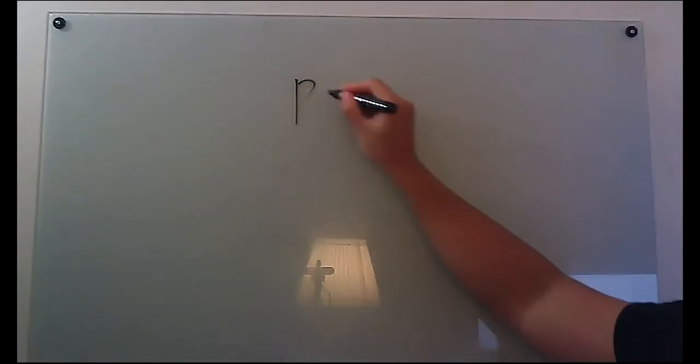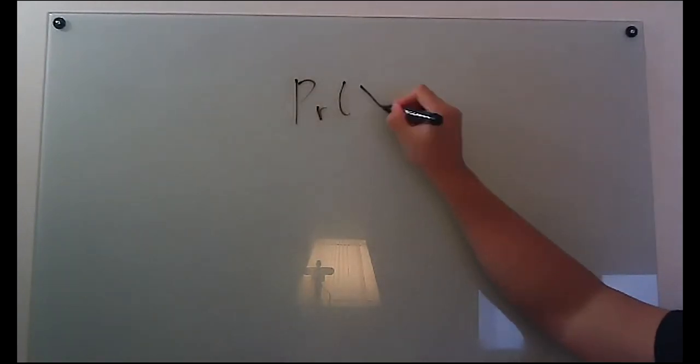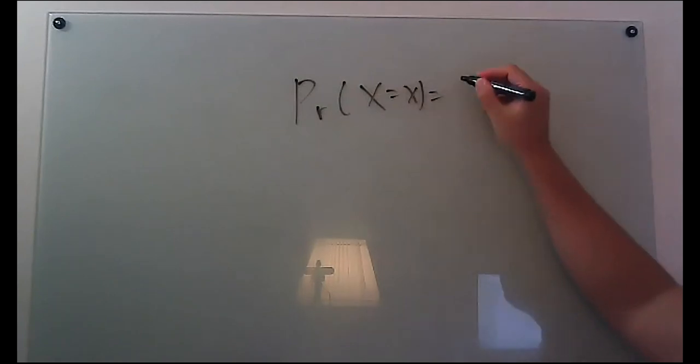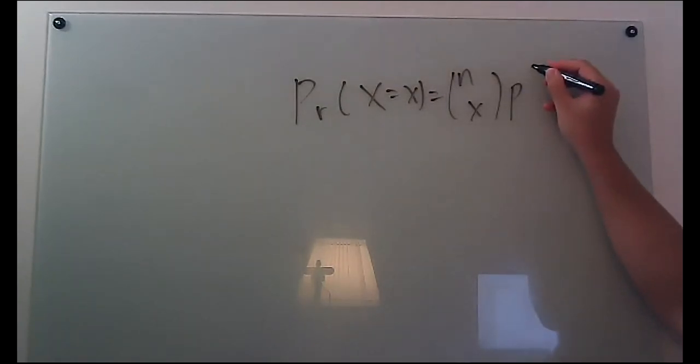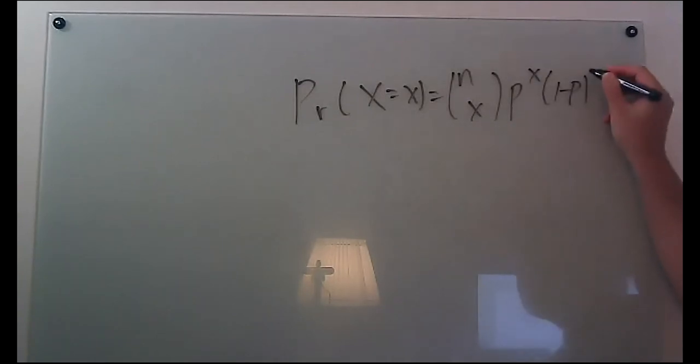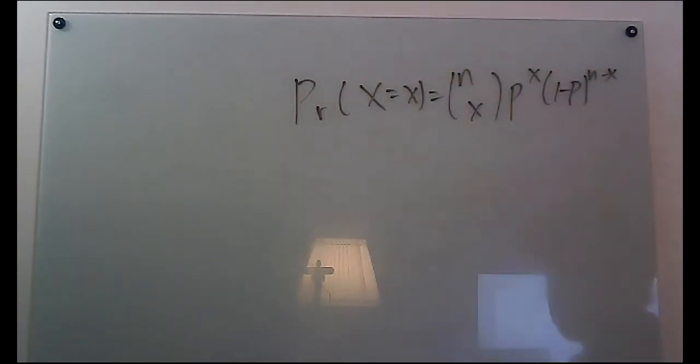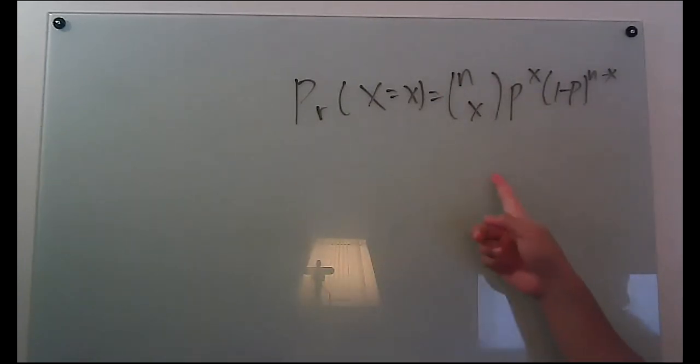So always remember the formula for the binomial distribution, which is the probability of X equals x, which is n choose x, times p to the power of x, times 1 minus p to the n minus x. It's good to memorize this formula, but if not, you can look it up in your slides, because the exam is open book, so you're allowed to look at it.